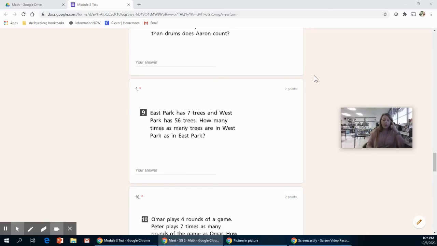So think in your head, how many, which is a question mark or unknown, how many times of East Park is West Park? Just write the unit. So we're talking about trees.